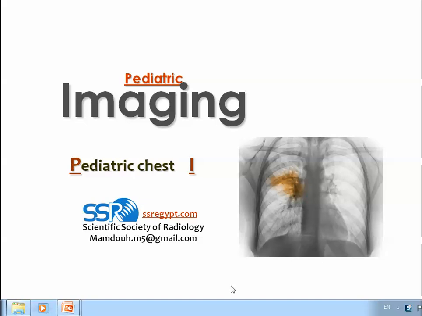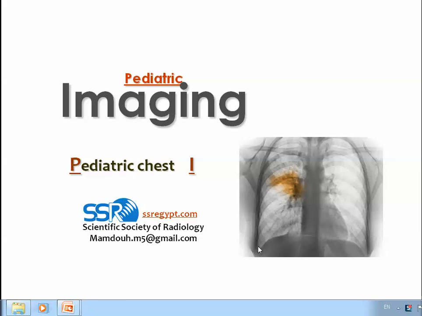Dear colleagues, we are going now to discuss the issue of pediatric chest, and this is a long subject, as you all know. And we have divided this subject into 4 or 5 parts, starting by the anatomy and the techniques.